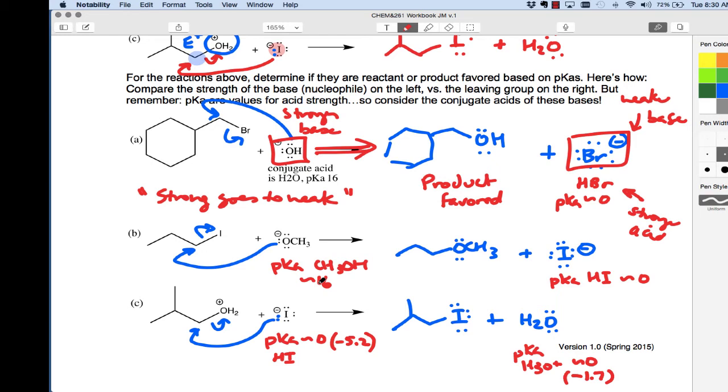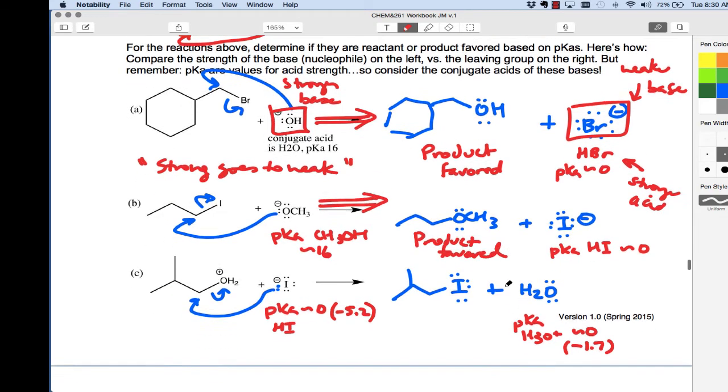Its conjugate is an alcohol, so that's about 16 pKa. This one is HI, very strong acid. I just remember strong acids are about 0, and as long as these two numbers are very different, that's fine. So I'm going to go from very strong acid is a very weak conjugate base, and this is stronger, so we're going to go this way. So this is, again, product favored.